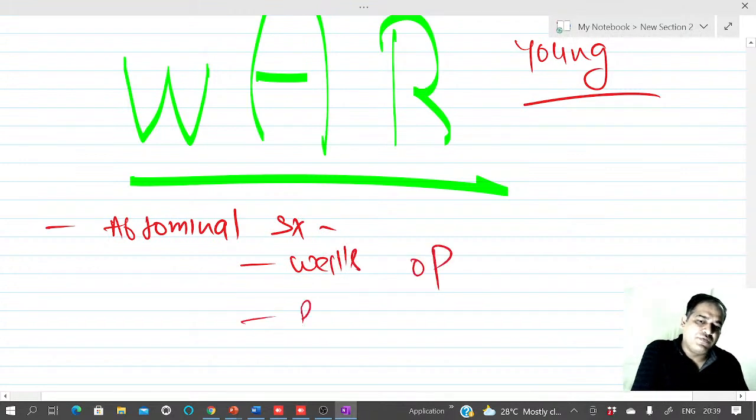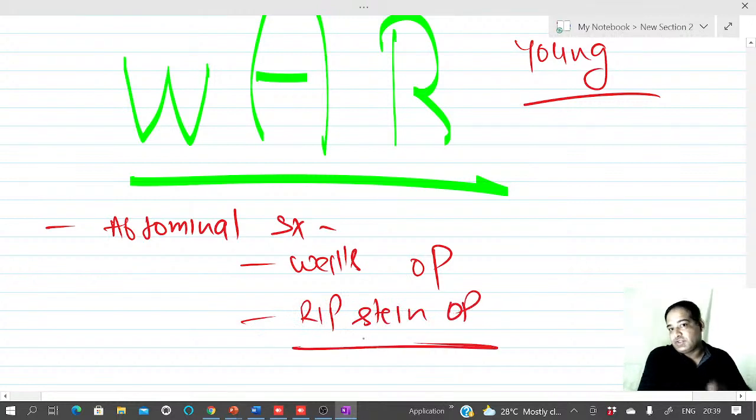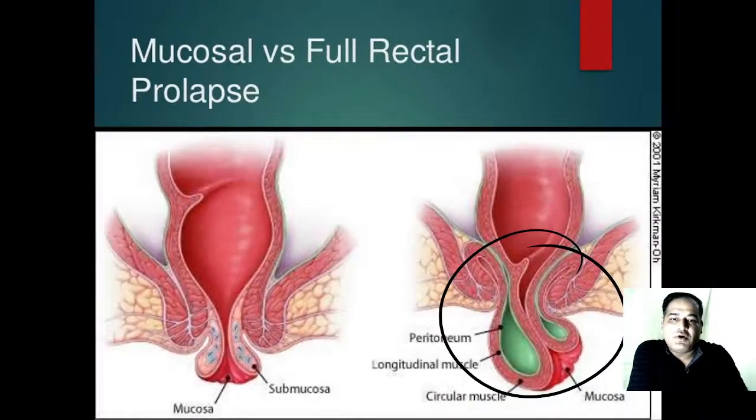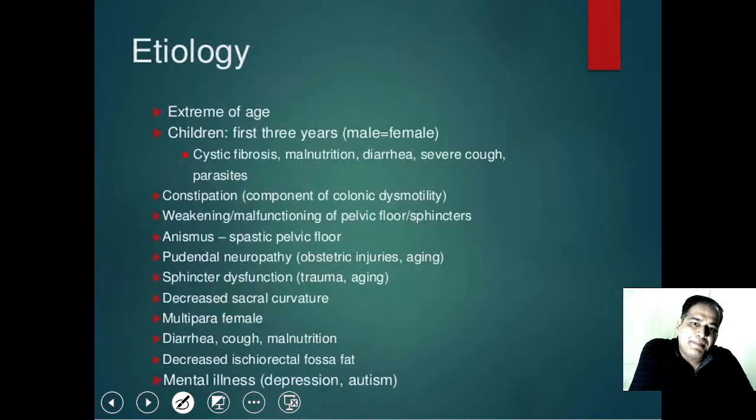Which abdominal surgeries? Well operation and Ripstein operation are done in young people.